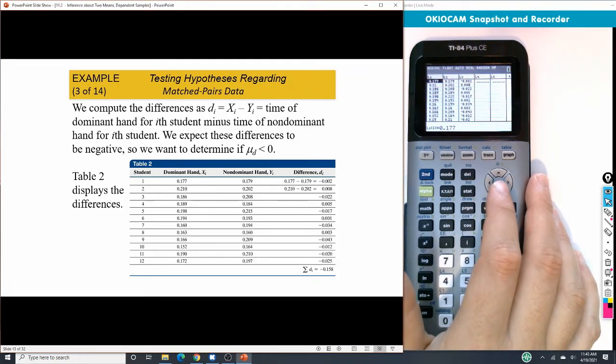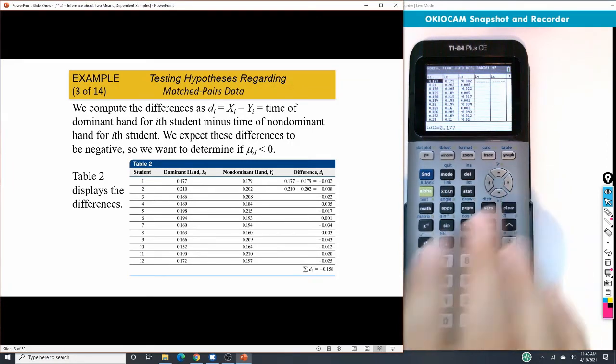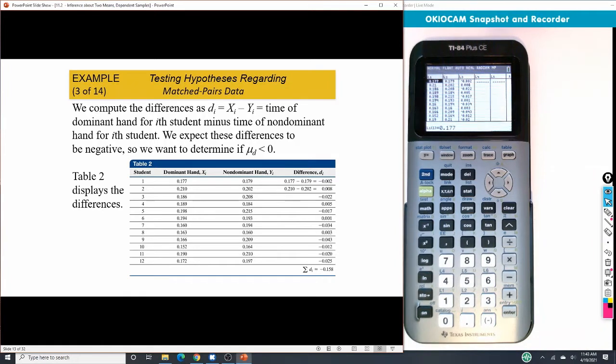If you look at the screen, you'll see those pieces. Now for L3, you notice I have some information in there as well. So this one was L1, this one was L2. And so here they did those minus. So what we're going to do up in L3 is L1 minus L2, and that's going to go into L3.